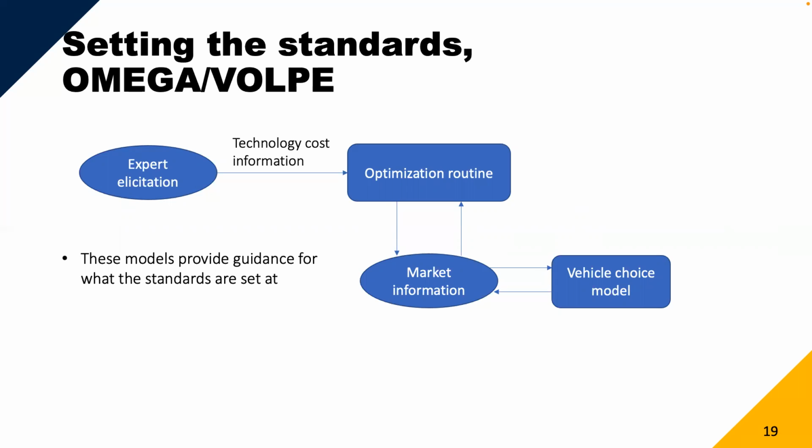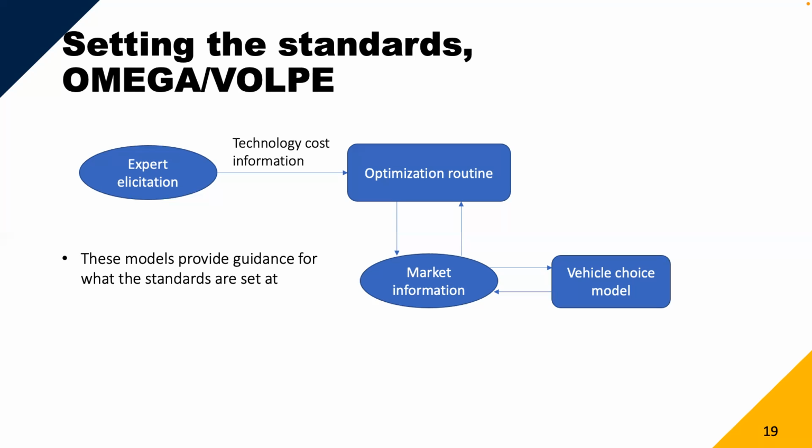As the regulations are being developed, they sit down individually with all the automakers and other experts, and you do this expert elicitation process. We say, how much does it cost to install direct fuel injection? How much does it cost to do turbocharging? How much does it cost to do lightweighting?